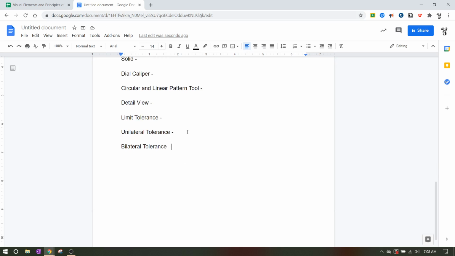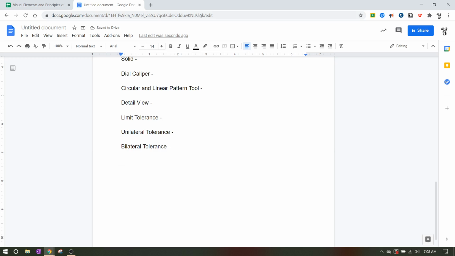A unilateral tolerance has a plus and a minus, but one of those is 0. And a bilateral tolerance has a plus and a minus, and both of the numbers are not 0. So it would be like plus or minus 5 or plus or minus 2. Unilateral tolerance would be like plus 5 minus 0. And the limit tolerance would be like somewhere between 30 and 25. That would be the difference between those three different types of tolerances.